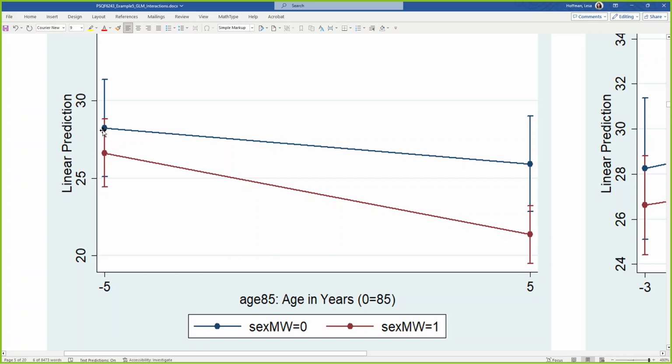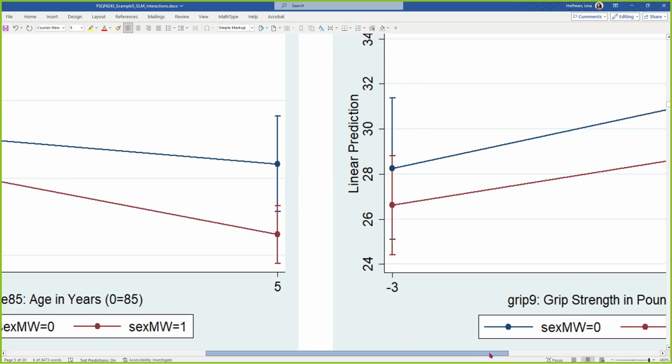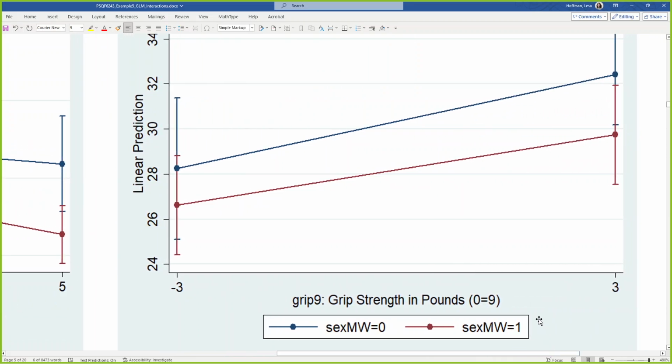In men, the difference in younger people is smaller than in older people. Age exacerbates the gender gap. The gap is the difference between the lines. Grip strength exacerbates the gap, the difference between the lines.